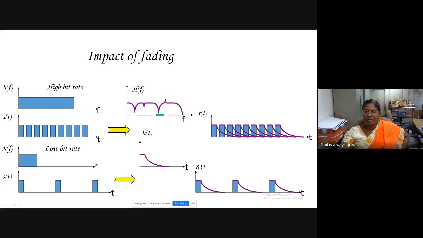For example, since this response is extended up to the second symbol, if I want to decode this symbol, we may not correctly decode it as the right bit. This will cause bit error rates. So one method to overcome this: you can't transmit high-speed signals.